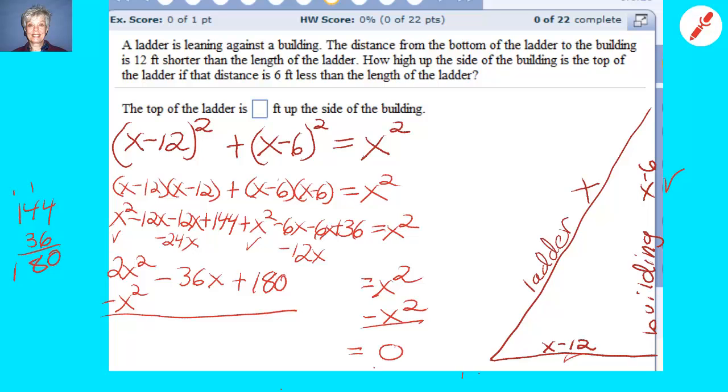On the left side, I'll have 1x squared minus 36x plus 180. Okay, now I have to find the right combination of factors of 180.